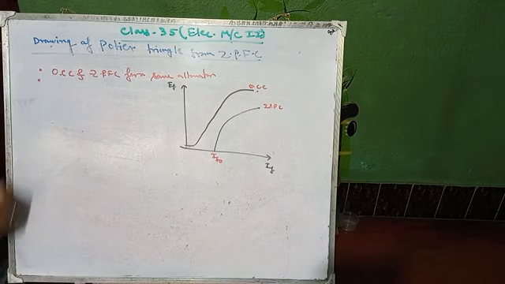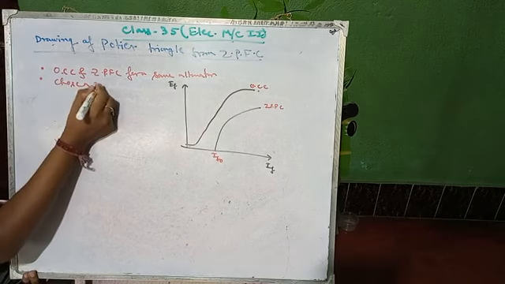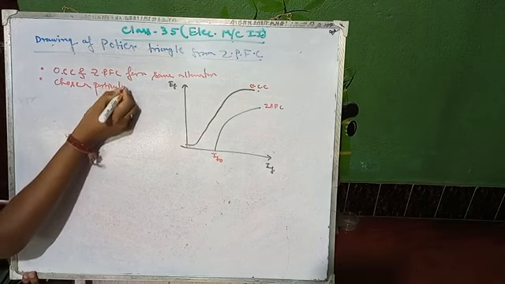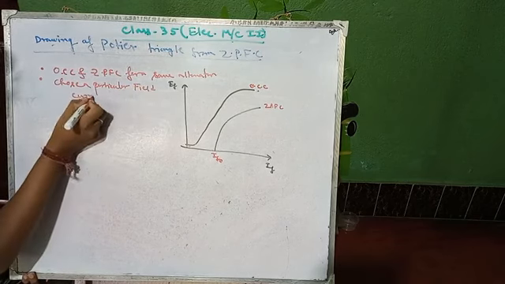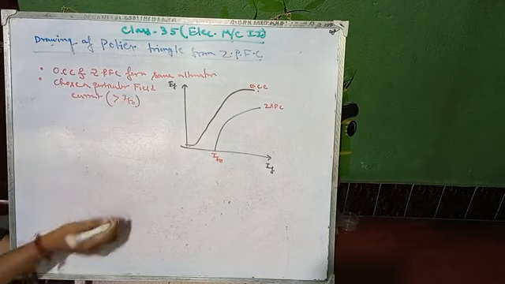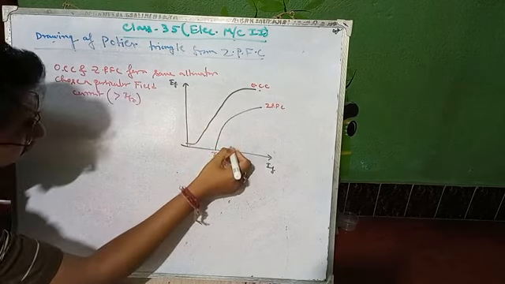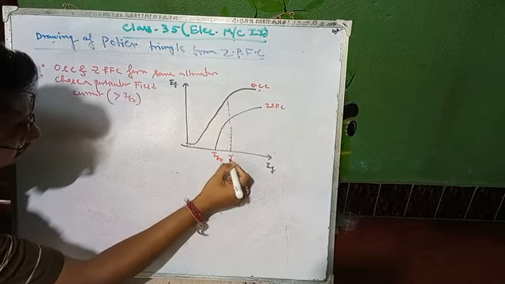So next point, point by point you have to write: choose a particular field current greater than IF naught. Always remember, greater than IF naught. So I have chosen a field current, that is IF1.